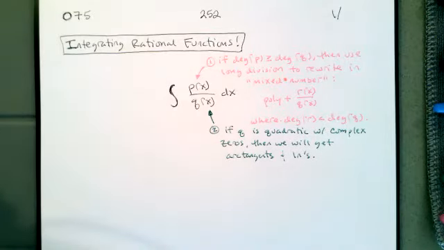So the last thing that we need is to figure out what happens if q of x is quadratic with real zeros, or if q of x is degree bigger than 3. So that's stage 3.